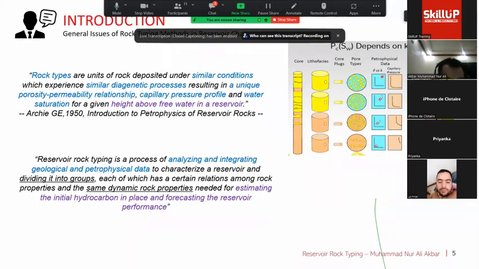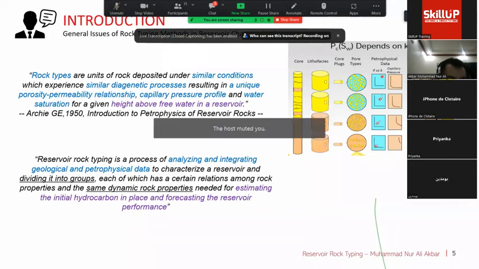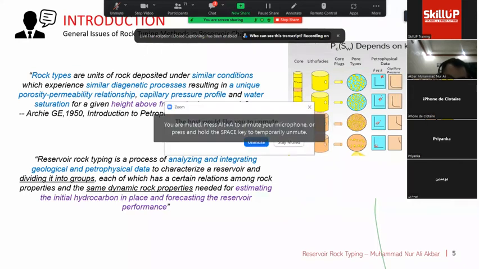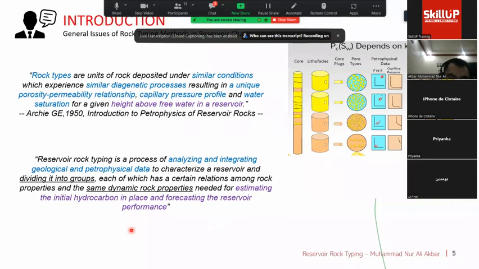It also tries to connect with the engineering parameters, so we connect the geological, petrophysical, and engineering data in order to make a better reservoir characterization for estimating the initial hydrocarbon in place and also for better forecasting and reservoir 3D dynamics.